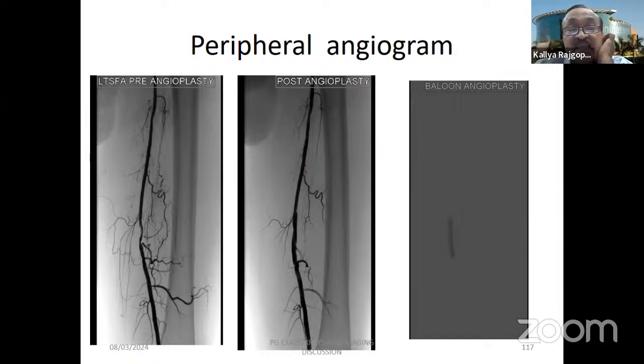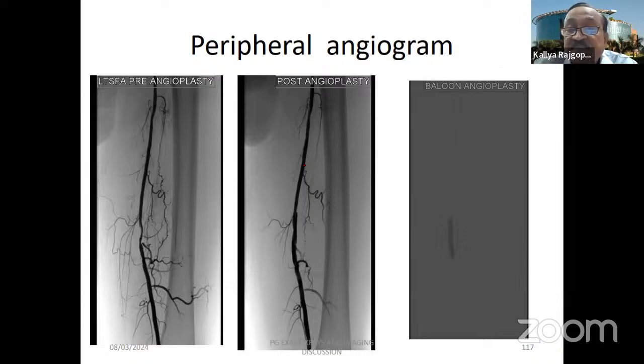Today, for peripheral disease, angiogram and angioplasty with balloon dilatation has become the gold standard treatment. Unlike earlier, when the question asked was when do you do angiogram, and the answer was only if you do revascularization, that is not the answer today.